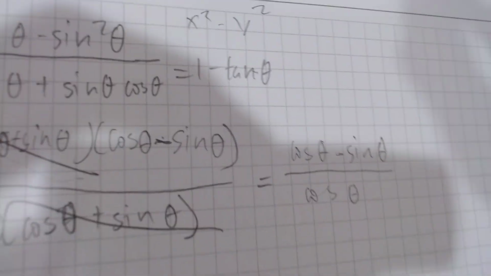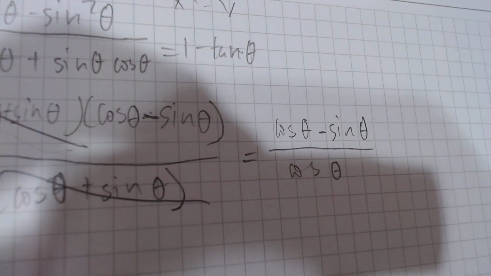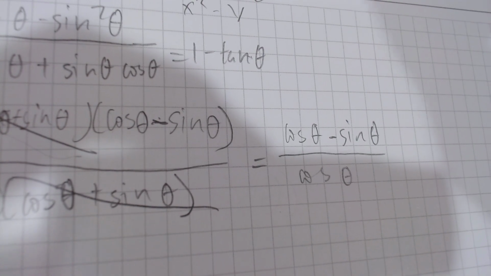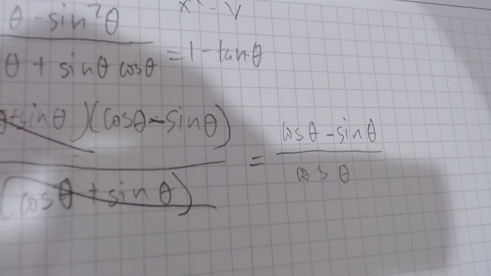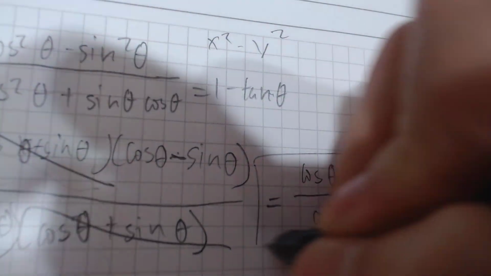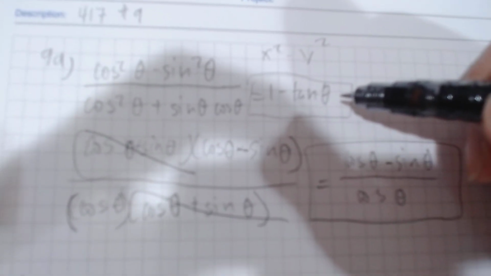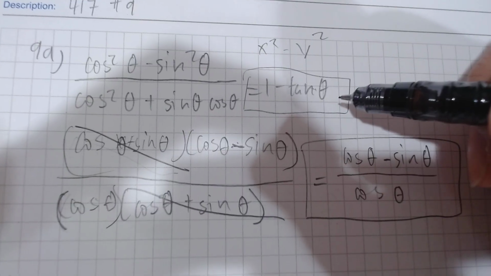And from here you may think that you're just lost and you have absolutely nothing that you can do. But you just have to think intuitively here. What can you do to this fraction to split it up into two? You have to also return back to the original equation, which is 1 subtract tan theta.